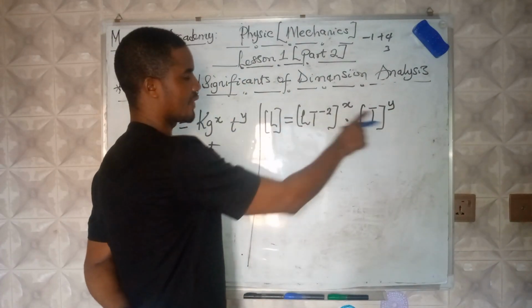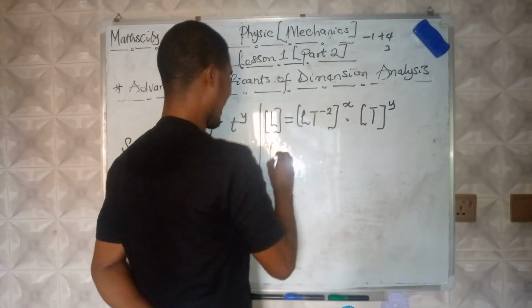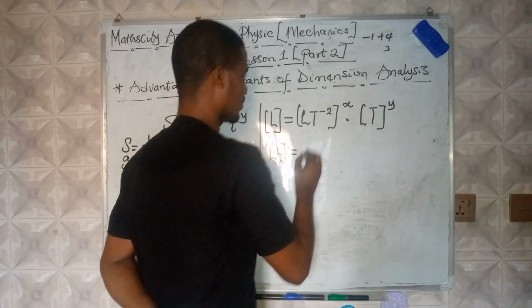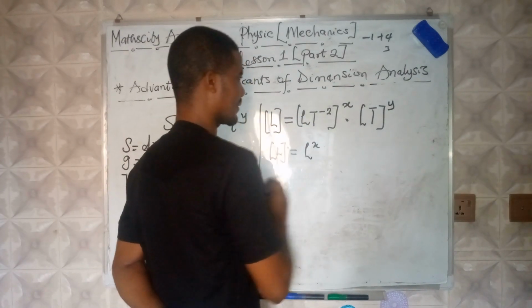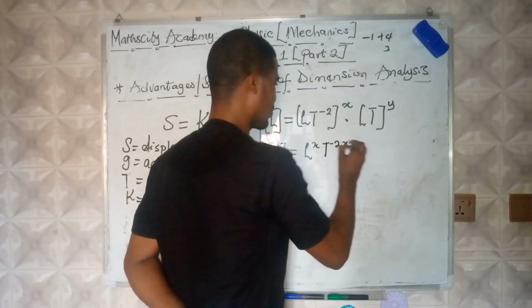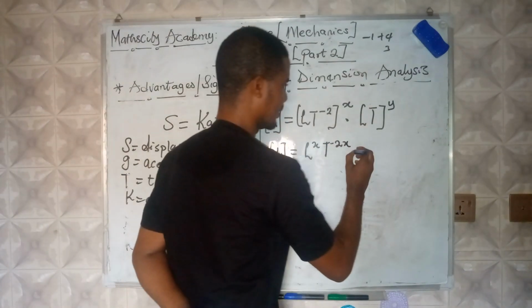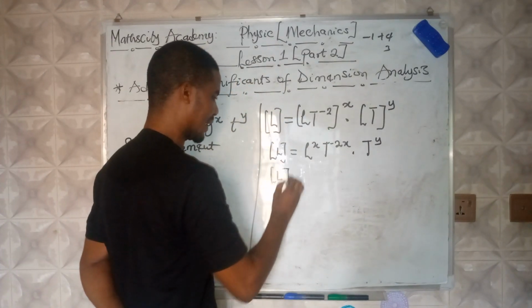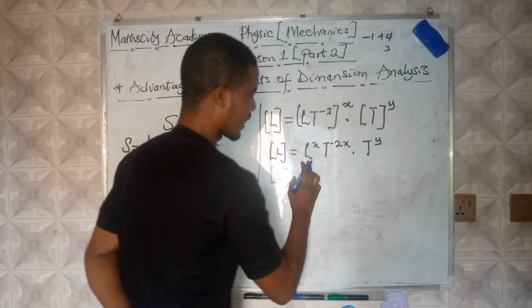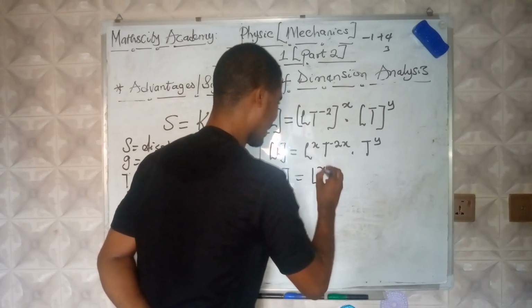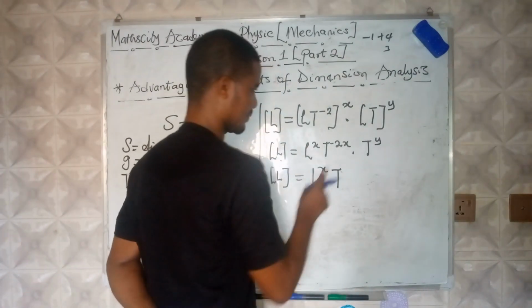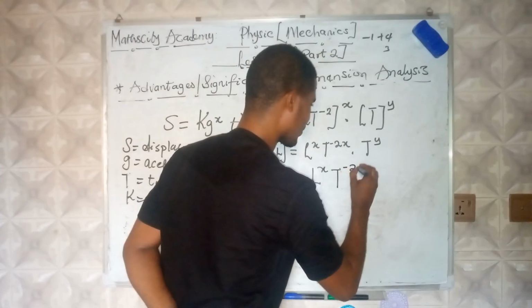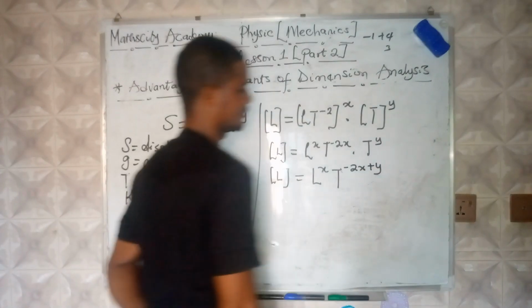Remember, I'm looking for the value of x and y. I have L equals L^x T^(-2x) times T raised to power y. Let me simplify, especially the right hand side. I have L^x T to the power minus 2x plus y.